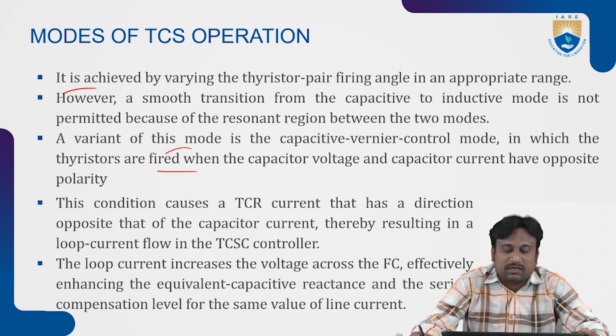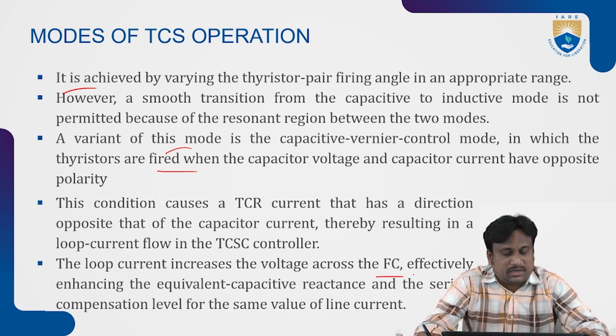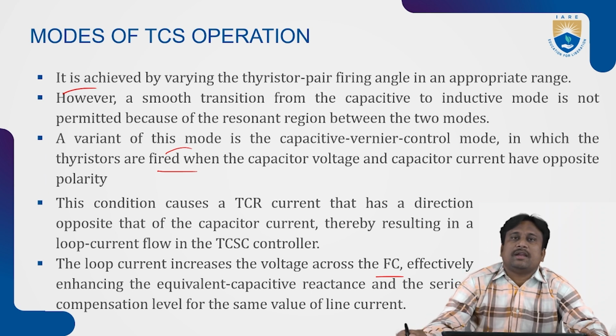This causes the TCR current to have a direction opposite to the capacitor current, which results in loop current flow in the TCSC controller. The loop current increases the voltage across the FC, which effectively enhances the equivalent capacitive reactance and series compensation level for the same value of line current.